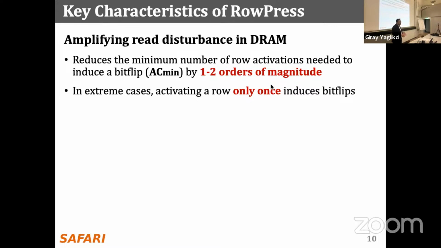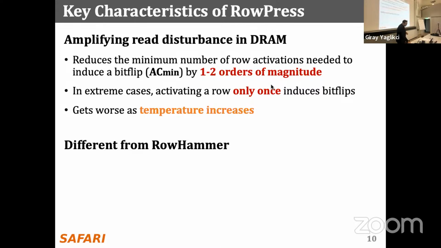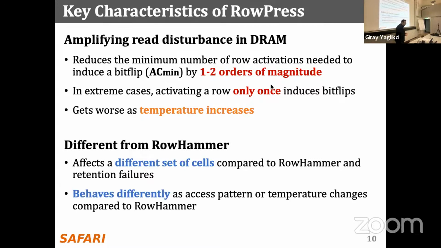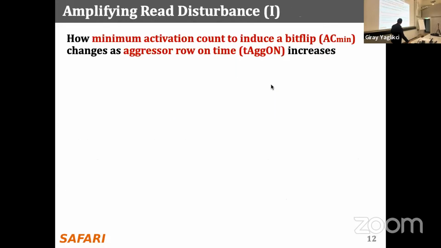And in extreme cases, only one activation is enough, and it gets worse as temperature increases. It is different from RowHammer because it affects a different set of cells. When you look at the intersection of the sets of cells that are vulnerable to RowPress and RowHammer, it seems quite disjoint. And it behaves differently as access pattern or temperature change compared to RowHammer.